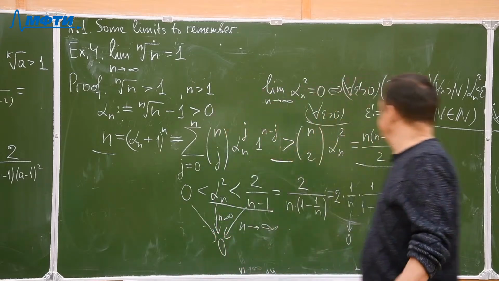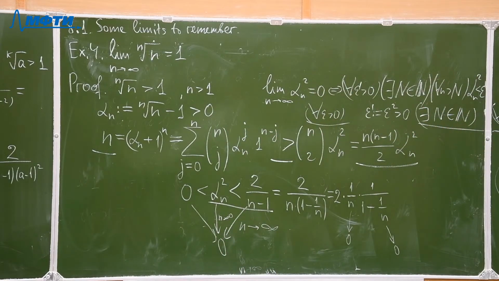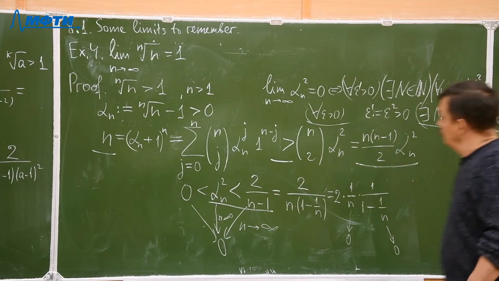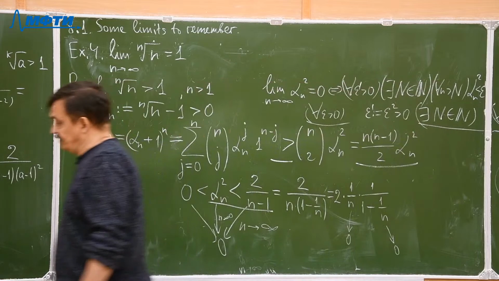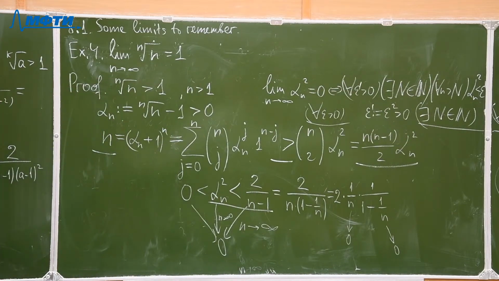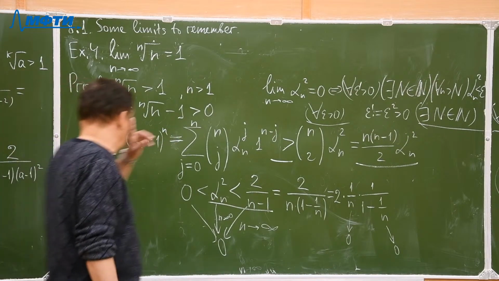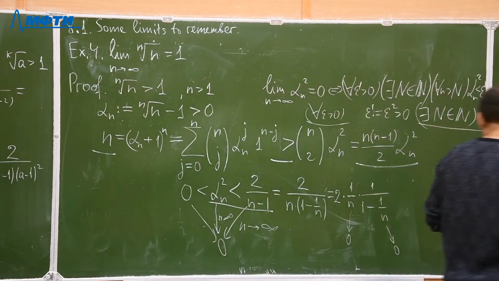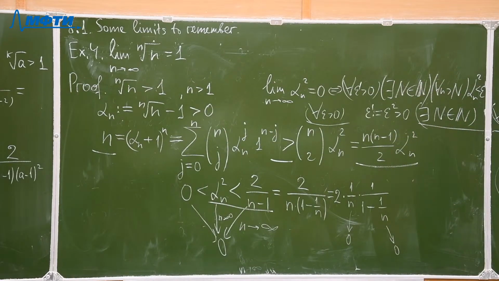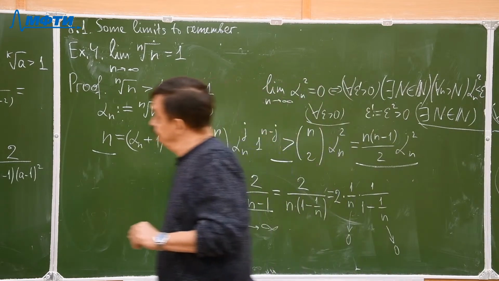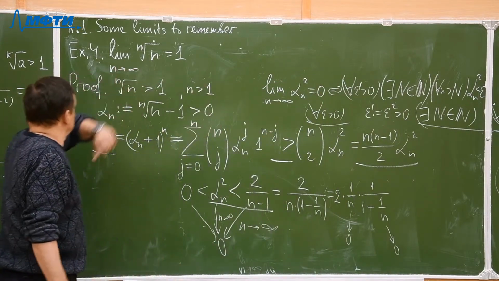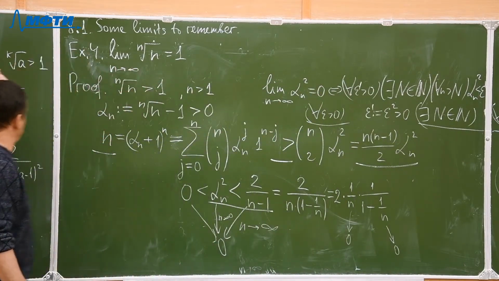Okay. So, now we finished our example, and in fact we have finished section 8.1 because these are rather important examples, and especially this one is not obvious, but also that one.